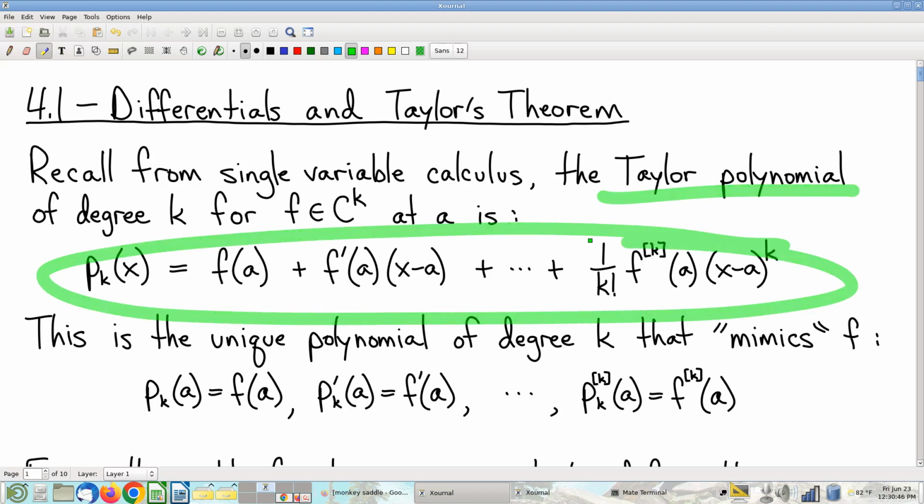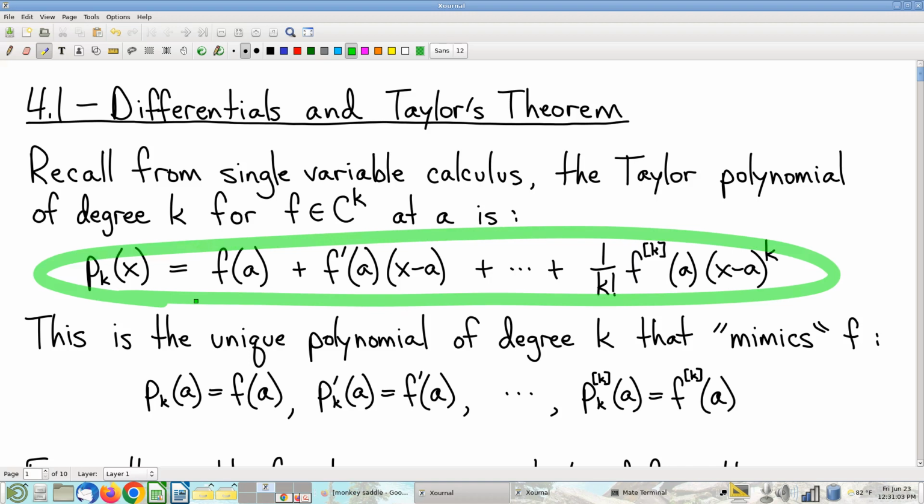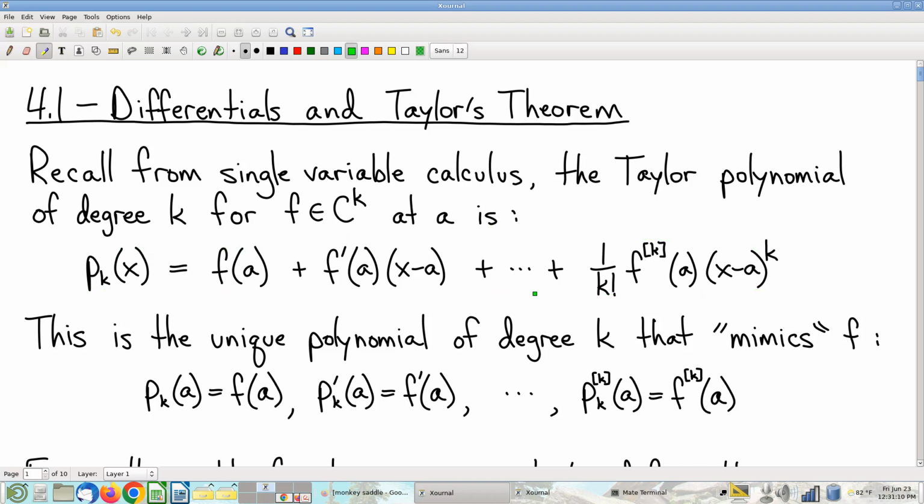Here, for example, is the Taylor polynomial of degree k for some appropriately nice function at some point A in its domain. And the reason I bring this up is I want to point out the defining characteristic of what makes this the Taylor polynomial of degree k. This is the unique polynomial of degree k that I'm going to say mimics the function.